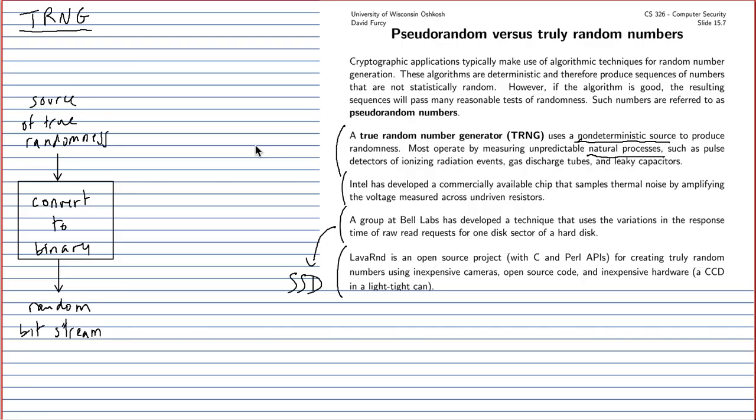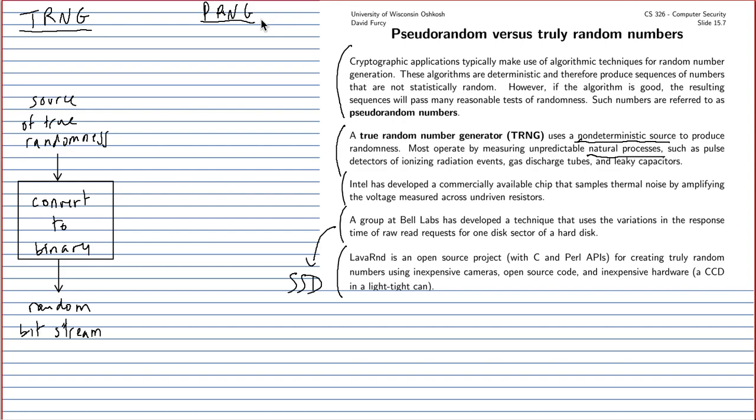So what we're going to do in this class, which is what most cryptography applications do, at least in many cases, is to give up on truly random number generators and use pseudo-random number generators, okay, which we can abbreviate like this, PRNGs.